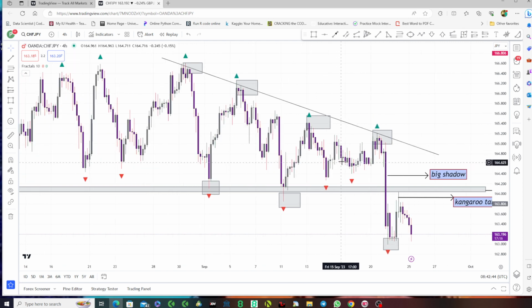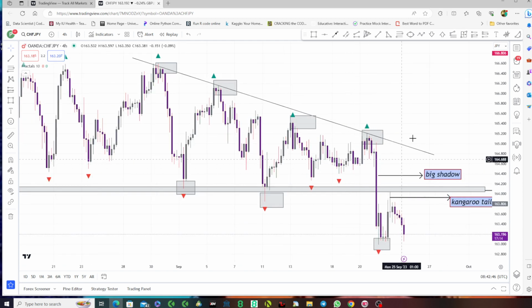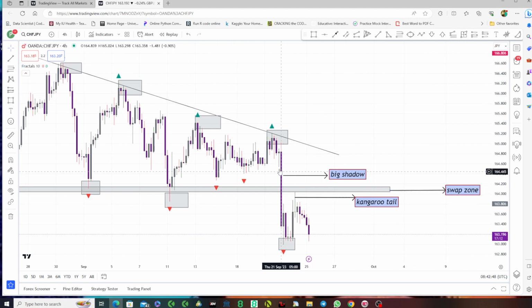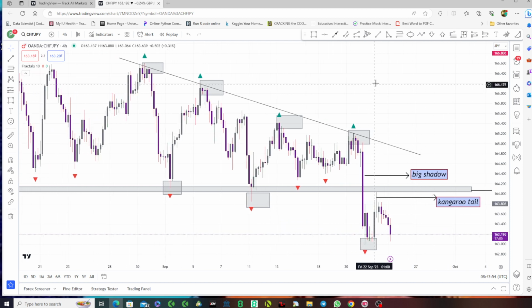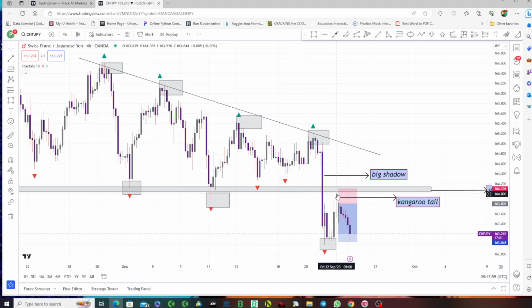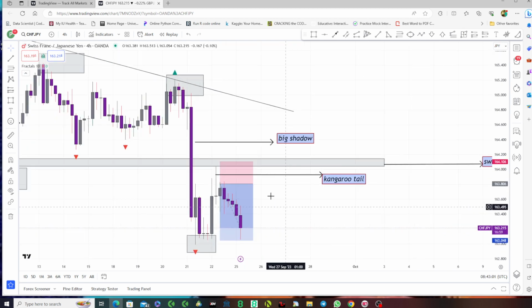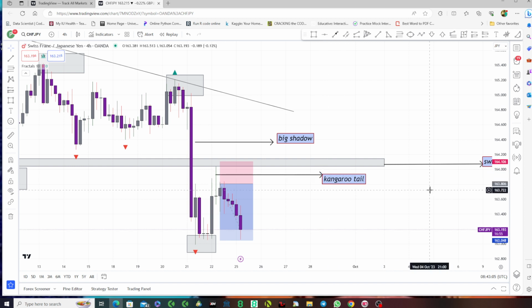So what I did was that I waited. Because this candle broke the swap zone, I did not jump into the trade. As soon as the candle broke the swap zone, I waited for a retest of the zone, and this is where this second candle confirmation called the kangaroo tail appeared.